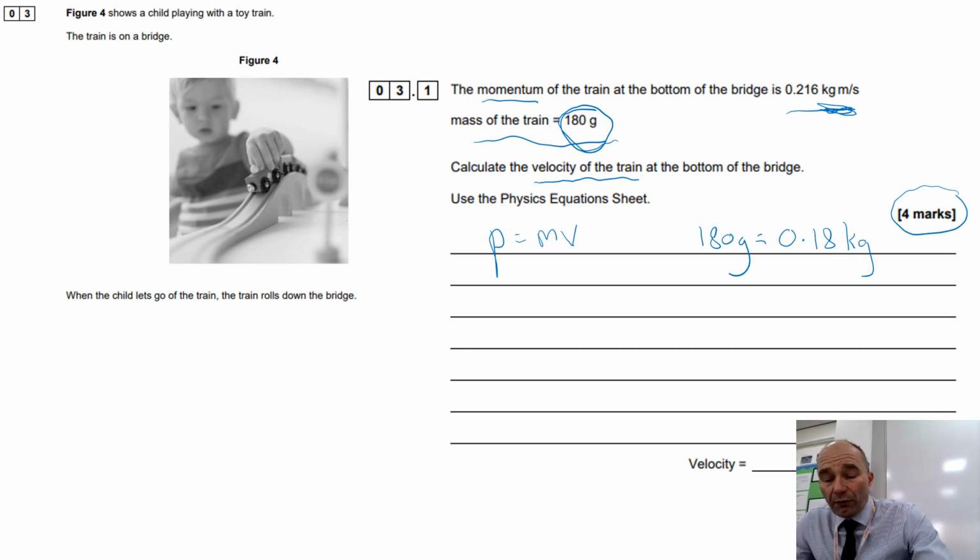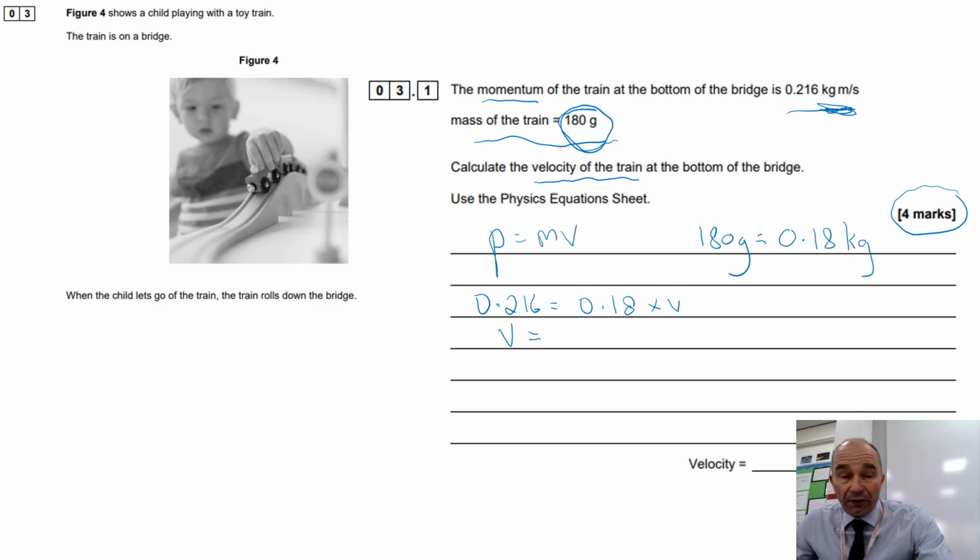We now just need to substitute our numbers into the formula. So we've got a momentum of 0.216 equals our mass, which we've now converted to 0.18 of a kilogram, multiplied by velocity. We then need to solve that equation, so we need to get v by itself.